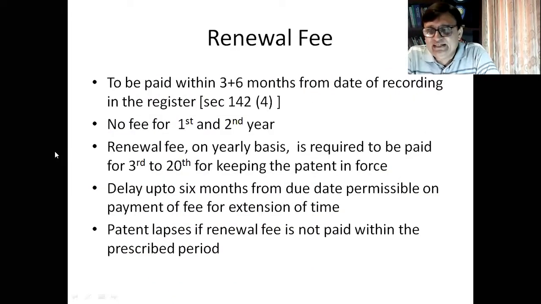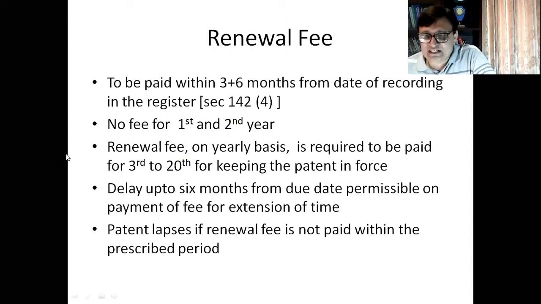There is a renewal fee. It is not that once the patent is granted, you are free. The renewal fee is to be paid within 3 plus 6 months from the date of recording in the register. There is no fee for the first and second year. After that, on a yearly basis, you have to pay the fee to keep the patent in force.